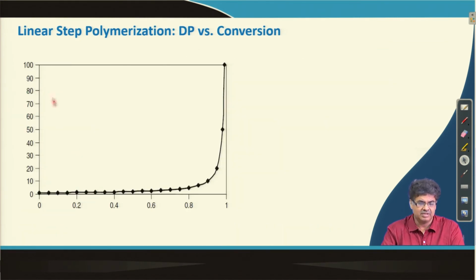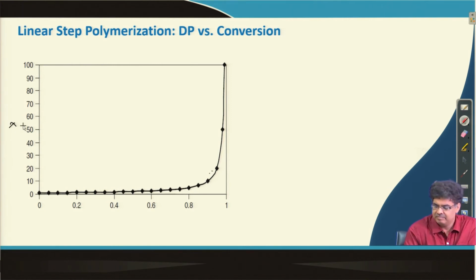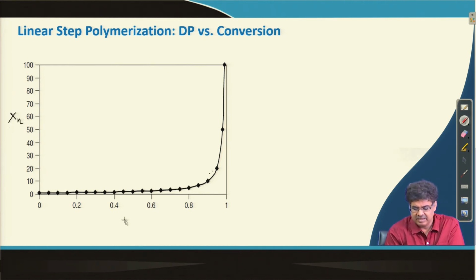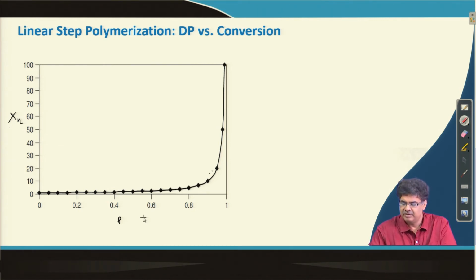If we plot degree of polymerization x n versus P conversion, the graph will look like this, as we have seen in the last example also, that unless we go to extremely high conversion, our molecular weight or degree of polymerization is not high.